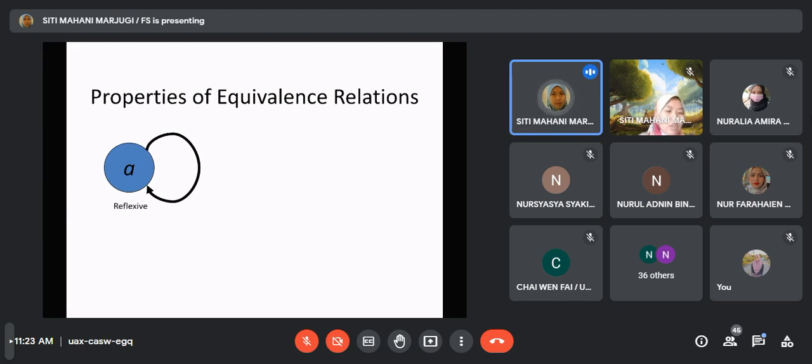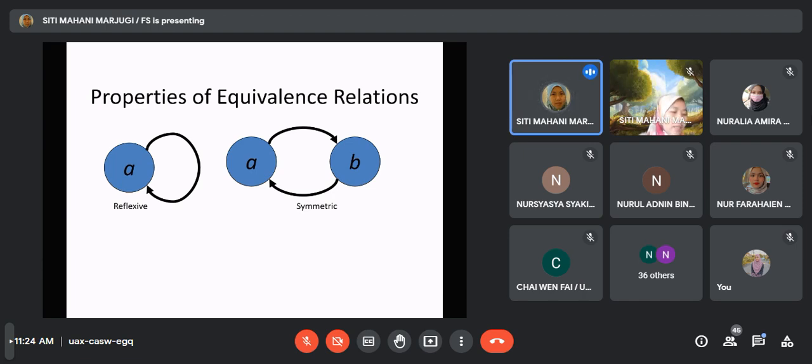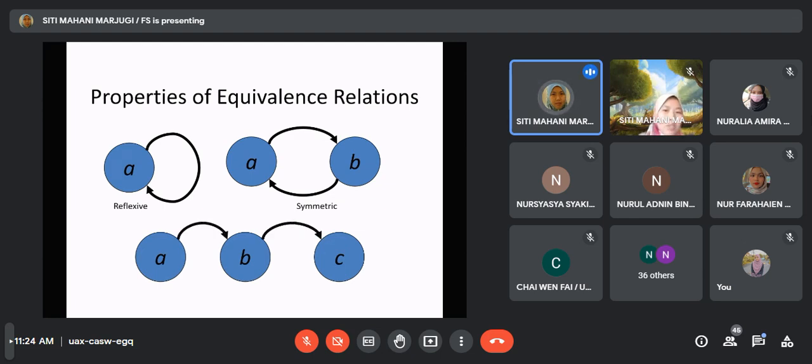If we have two sets, to show this is symmetric, A to B, and also B to A. So this is the case for symmetry. And then the third property, we have three sets here, from A to B and B to C, and it implies directly A to C. So this is the process for the transitive.